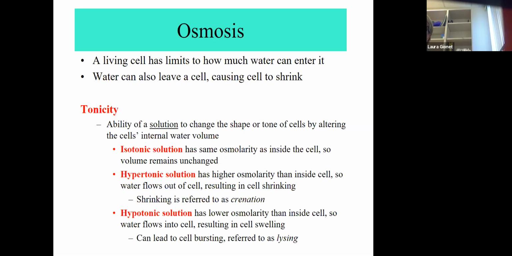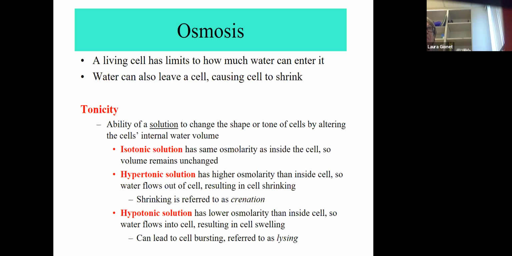But a hypertonic solution a cell might sit in means that it has a higher osmolarity outside the cell versus inside the cell. Let me give you an example. In the first example, the cell was 75% water inside and solute was 25%. Outside the cell, let's say that now the solution it's sitting in is 10% water and 90% solute.